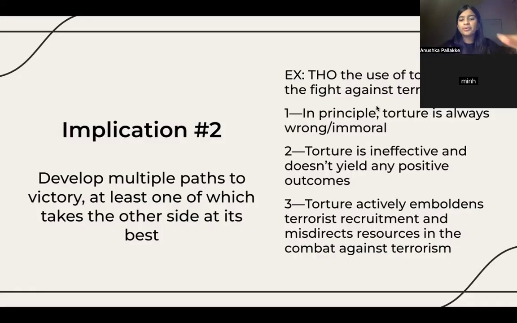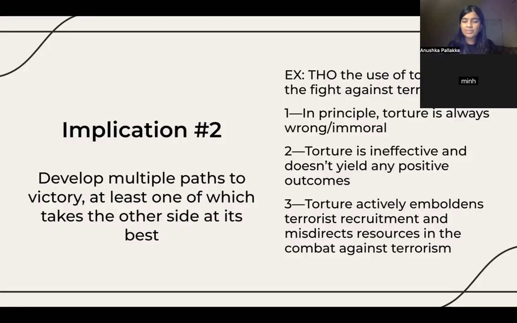So you see how there are three different scales and levels of the argument. This is always going to be your first general claim to address, and then maybe your opponent would respond to this claim by saying, "No, judge, there are cases where torture is allowed, and that would be in the fight against terrorism. It's effective." Then you would respond by saying torture is ineffective and doesn't yield any positive outcomes. Then your opponents can say, okay, torture actually is effective and yields some level of positive outcomes.